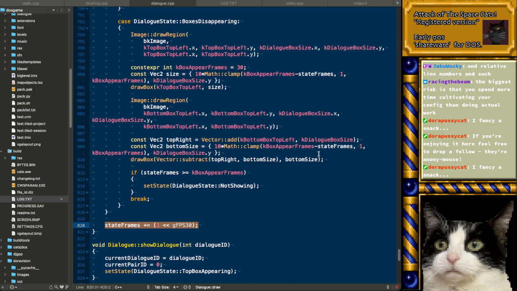Because I can't just put it at the top of the function because it's still going to hit it. I mean, crikey, do we set it to -1?